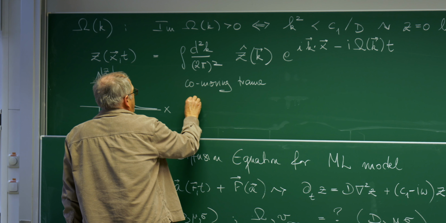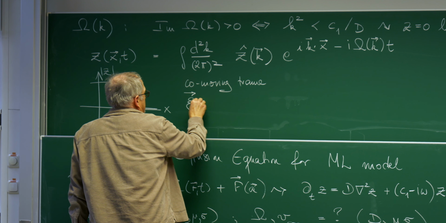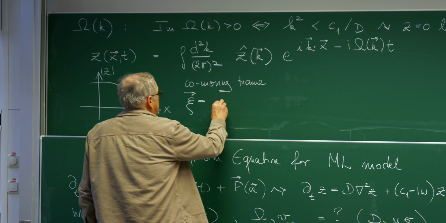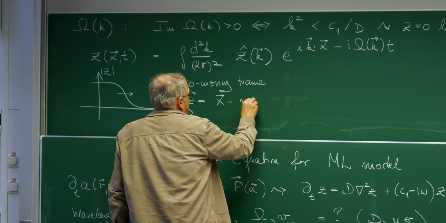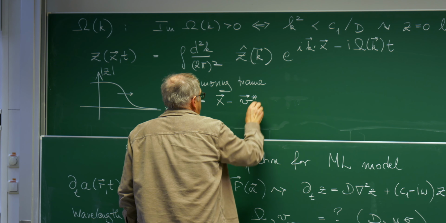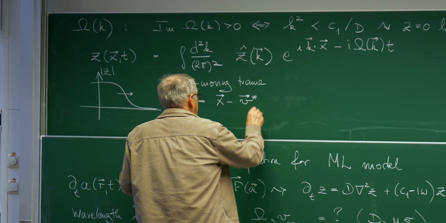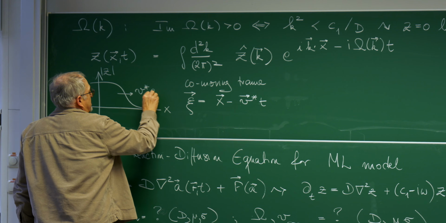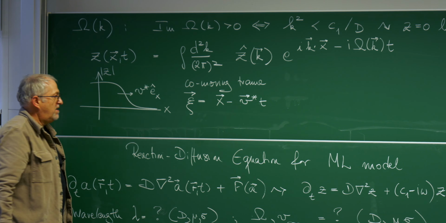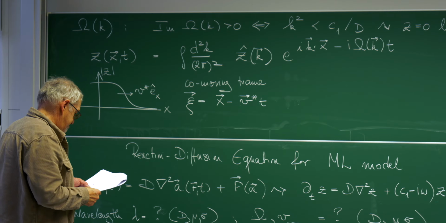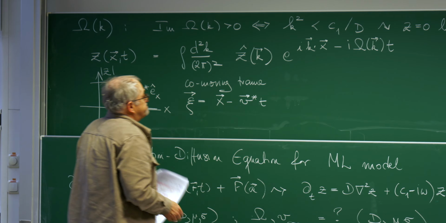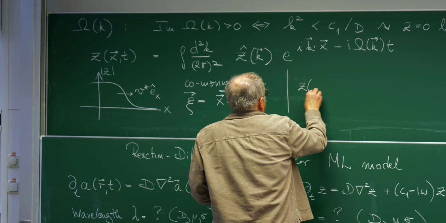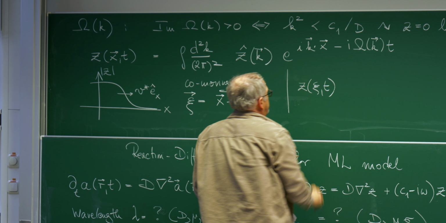In this co-moving frame, we are measuring the profile as a function of psi, and psi is x minus the velocity of this front times t. And here I'm taking v star in the direction of x, for example. So with that, you get a profile equation.